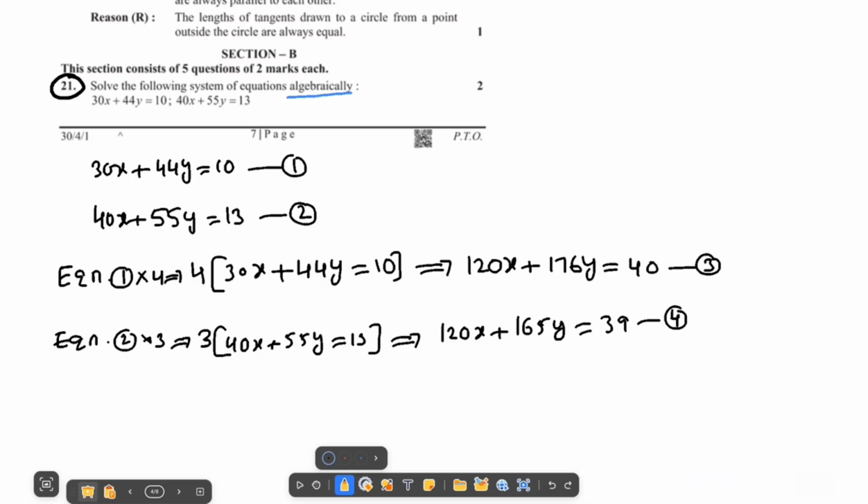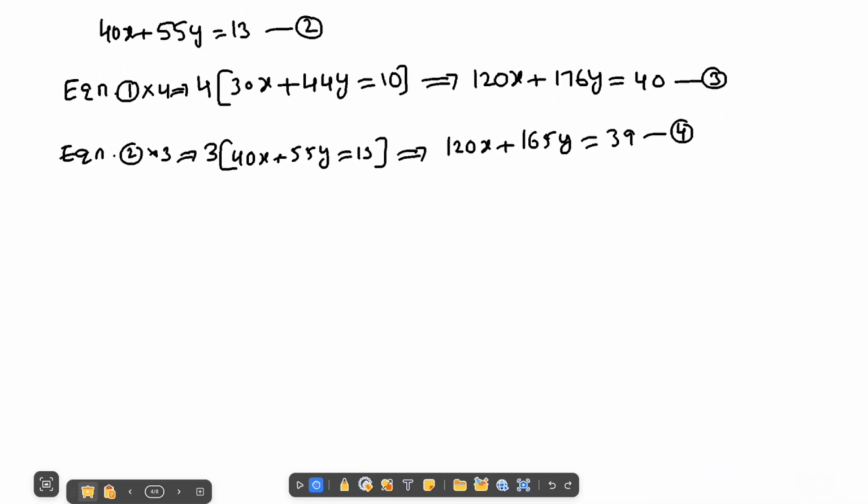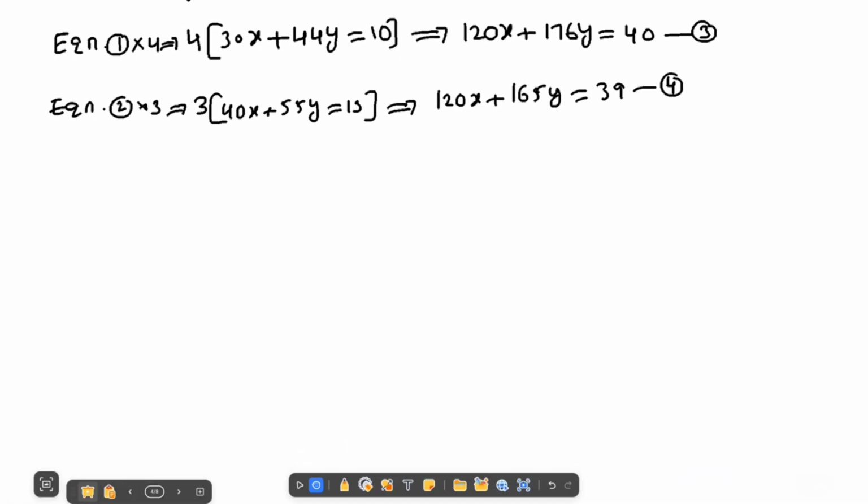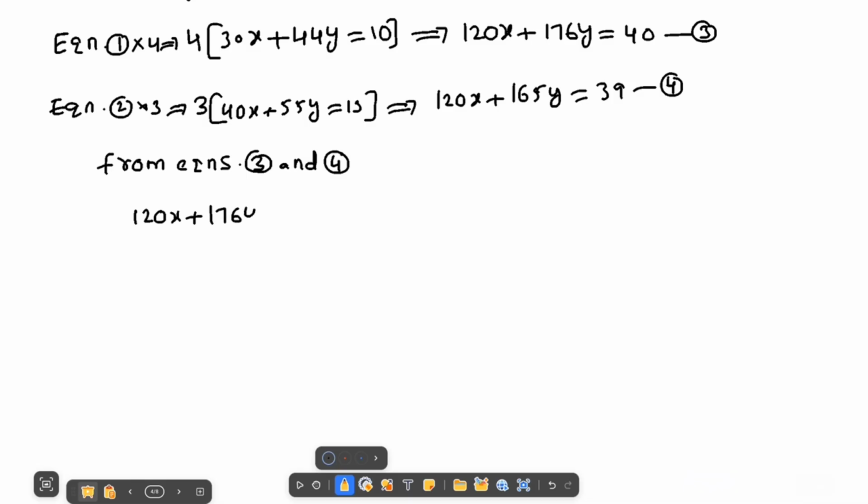Now from equations 3 and 4, let's subtract. Equation 3 is 120x plus 176y is equal to 40.